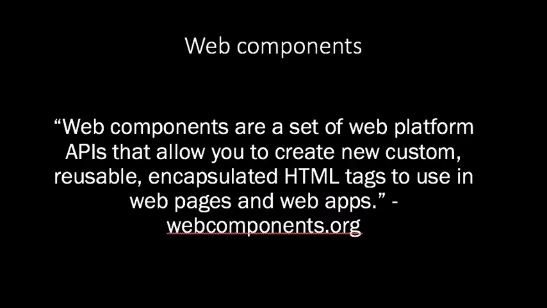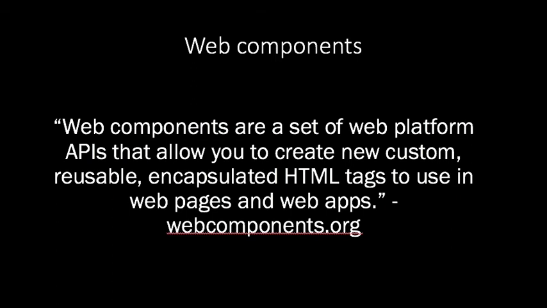A very academic definition: web components are a set of web platform APIs that allow you to create new custom, reusable, encapsulated HTML tags to use in web pages and web apps. So basically, you can define your own HTML tags. That's the big takeaway from that.